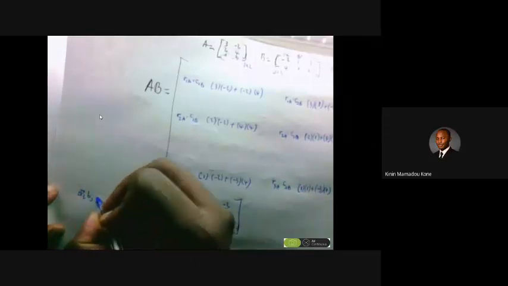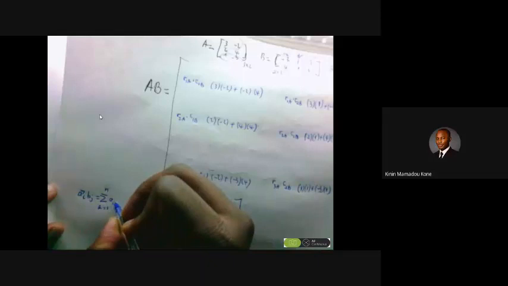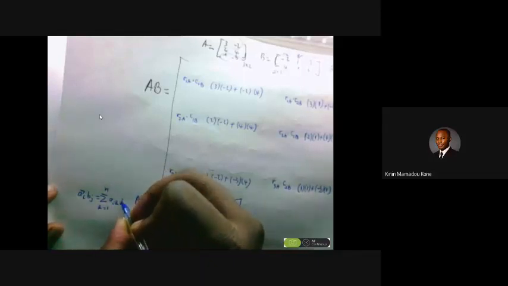Okay, this is the formula that I've used for this one.